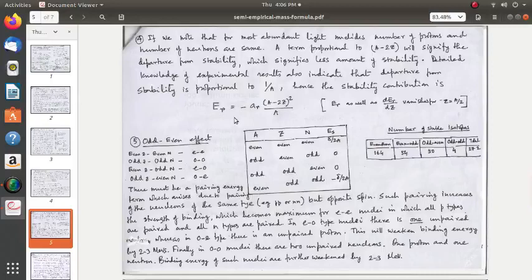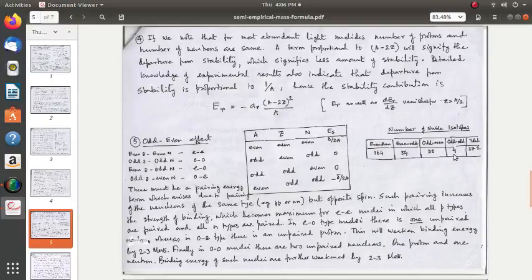Next we see the odd-even effect. What is the odd-even effect? Let us see the number of stable isotopes. Out of 272 isotopes which are stable, we see 164 of them are even-even type, that is, even number of protons and even number of neutrons, and only 4 of them have odd number of protons and odd number of neutrons.